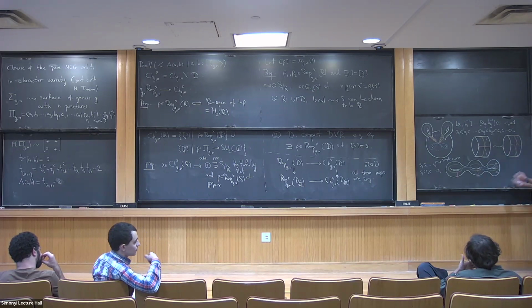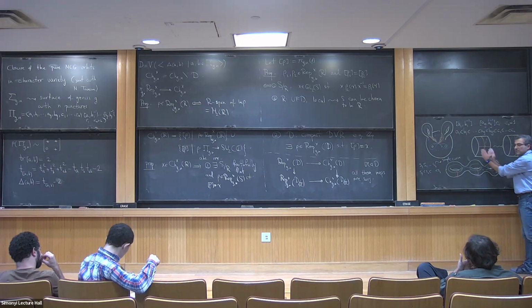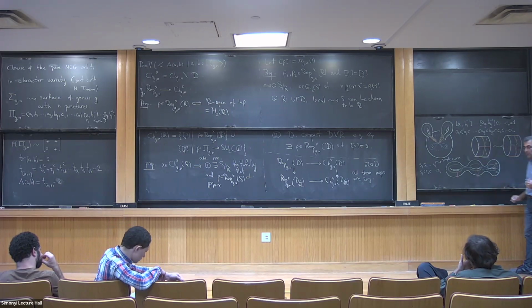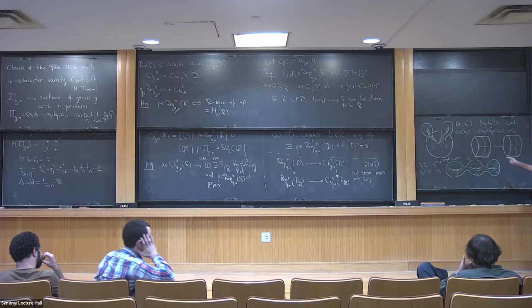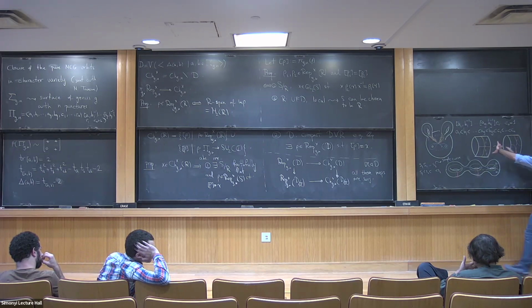It gives me a class inside the mapping class group, and because it's a class, it doesn't depend on what neighborhood I've chosen. I can shrink it, I get the same class. That element is called the Dehn twist. For instance, what it does to this particular curve is just twist it over that. So I start with this, twist it, and then I get a new curve. So it's called the Dehn twist.